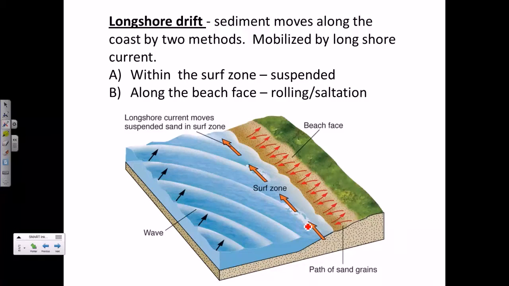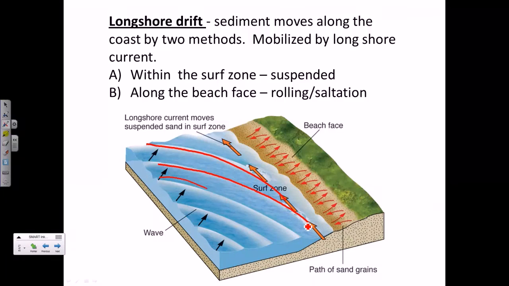The angle at which the waves come in, they usually don't come in straight. They come in along a curved path, or a refracted path, if you will, and that is going to be like the bristles of a broom, and it's going to generate a current along the shore called longshore current.